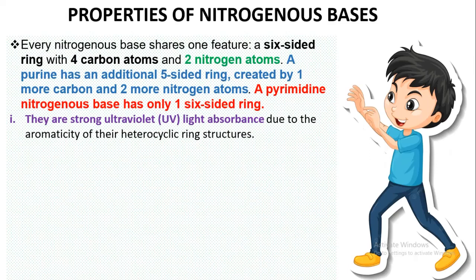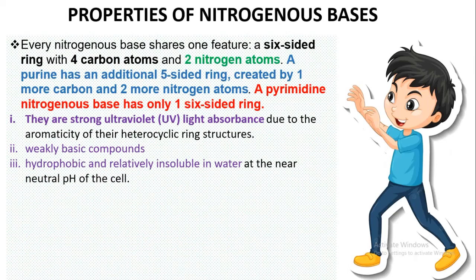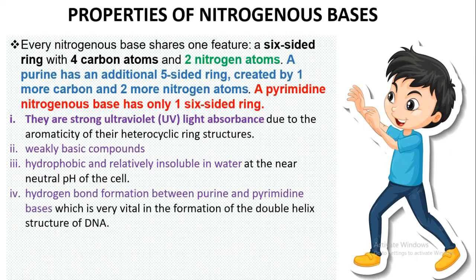So because of those properties, these nitrogenous bases tend to absorb UV. They are weakly basic compounds. They are hydrophobic and relatively insoluble in water at the near neutral pH of the cell. That means that when the pH is increased or decreased, they become soluble because they tend to be charged.